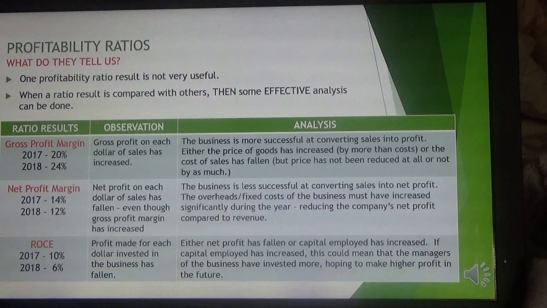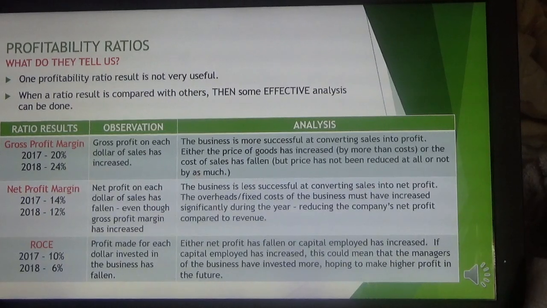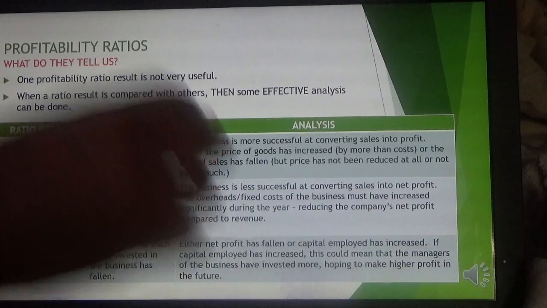And the analysis is the business is more successful at converting sales into profit. Because as you see, there's an increase, right? Either the price of goods has increased by more than costs, or the cost of sales has fallen, but the price has not been reduced at all or not by as much.